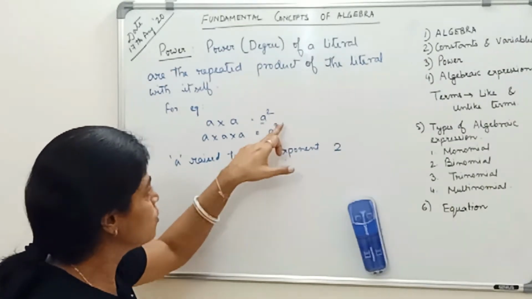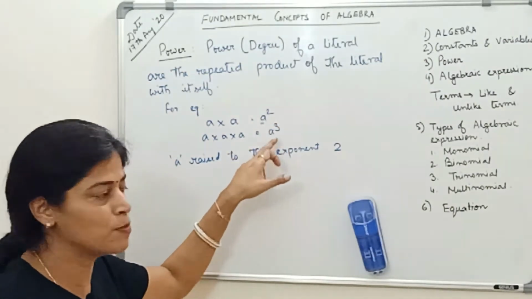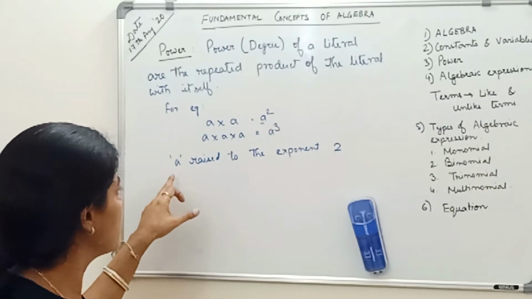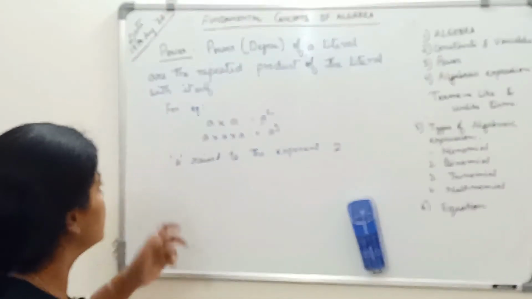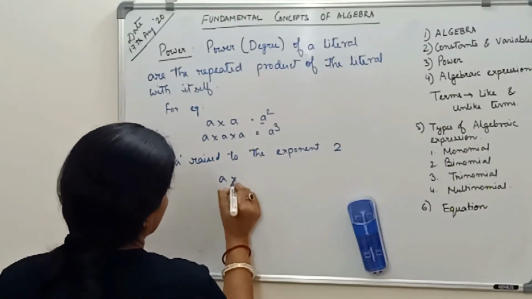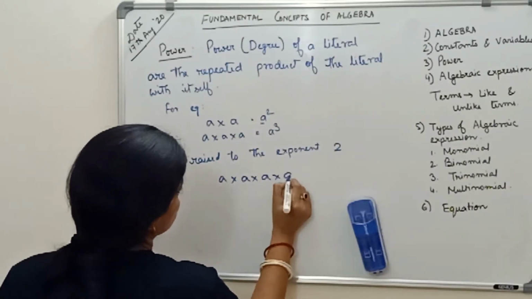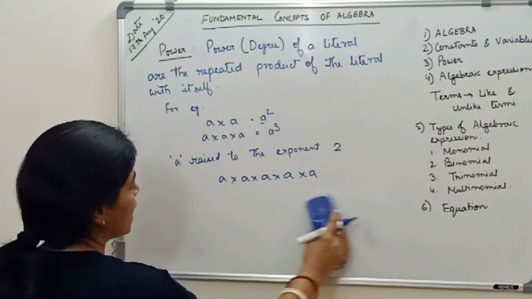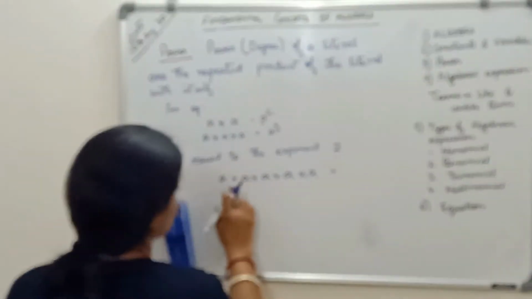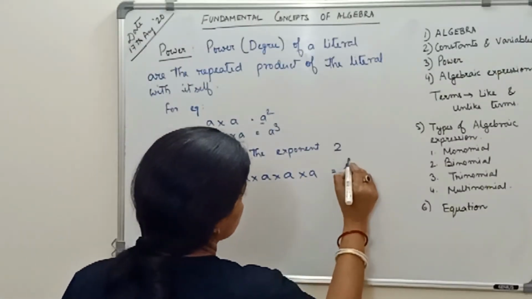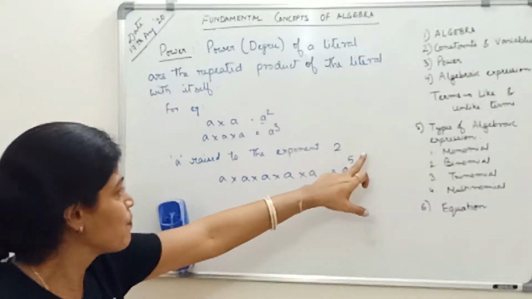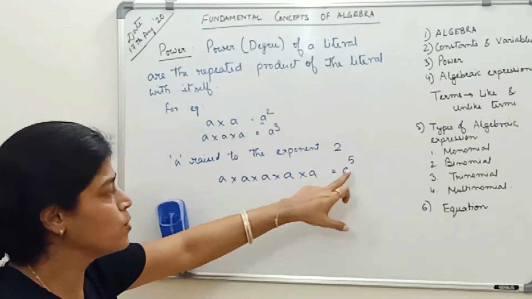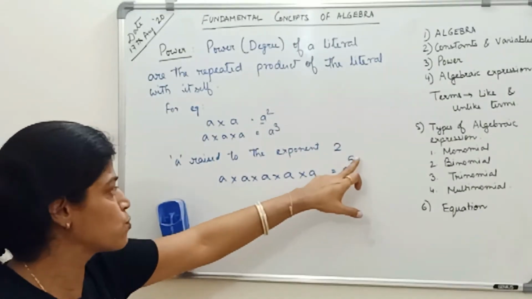A into a into a is equal to a cube. This is a to the power 3. We read it as a to the power 3, or a raised to the exponent 3. Suppose if I say a into a into a into a into a, these are all in exponential form. How many a's are there? 1, 2, 3, 4, 5. So a to the power 5, or a raised to the exponent 5.